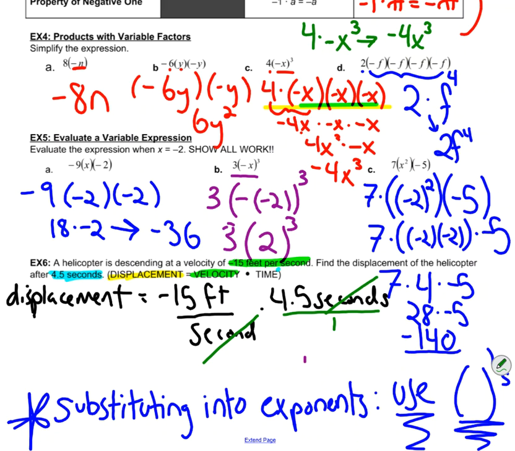We're just left with negative 15 feet times 4.5, which should give us negative, let's see, 15 times 4 is 60, and then 15 times 0.5 is 7.5, so negative 67.5 feet. I think that's right.